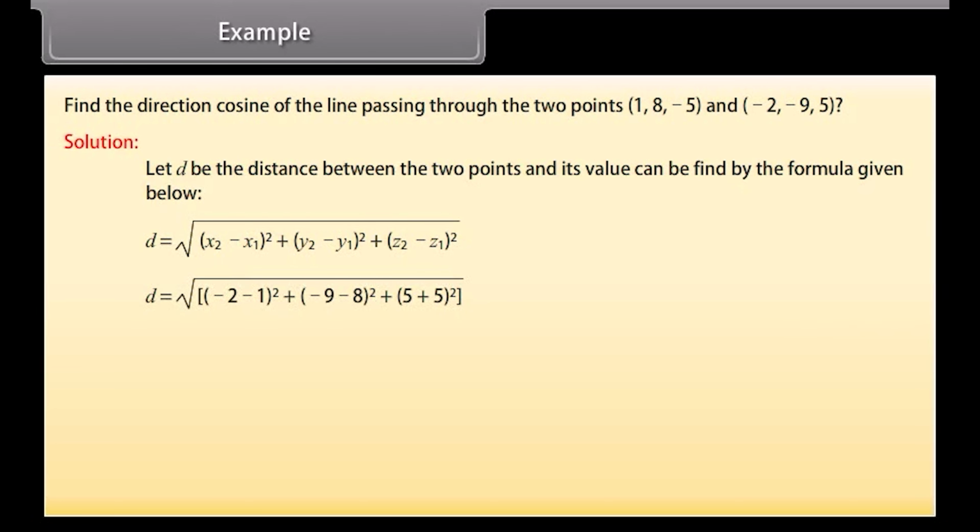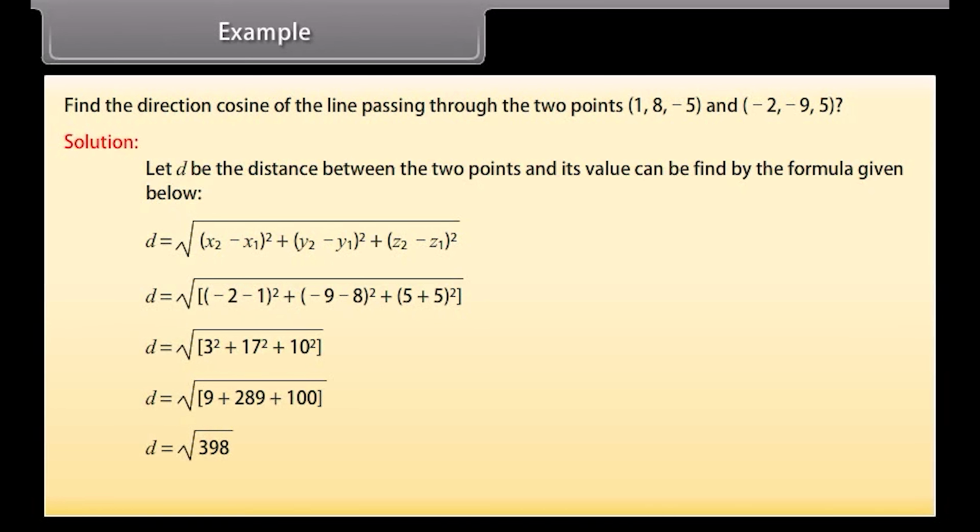D equals square root of minus 2 minus 1 square plus minus 9 minus 8 square plus 5 square. D equals square root of 3 square plus 17 square plus 10 square. D equals square root of 9 plus 289 plus 100.